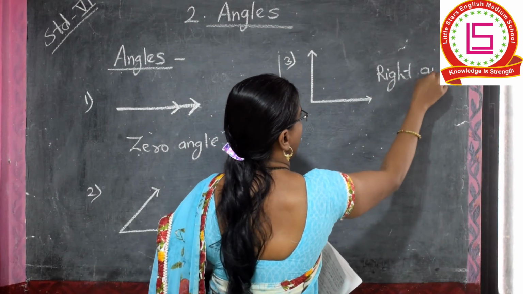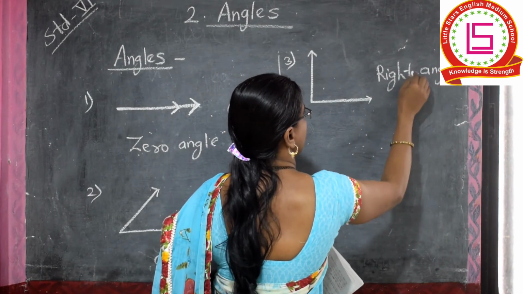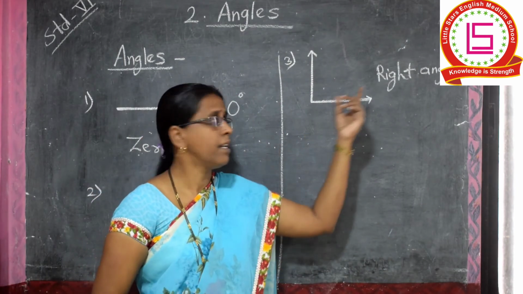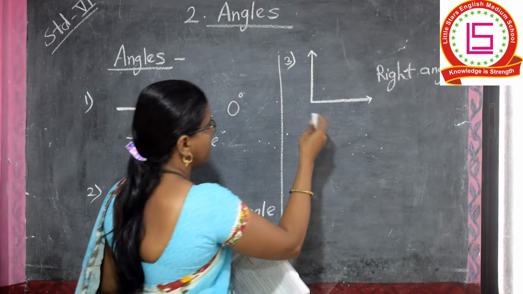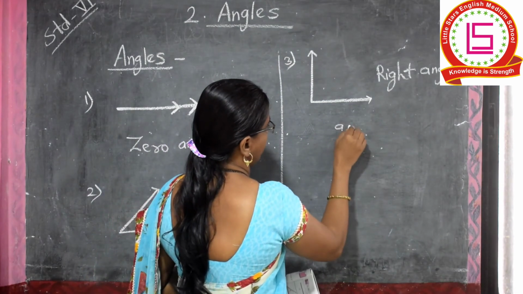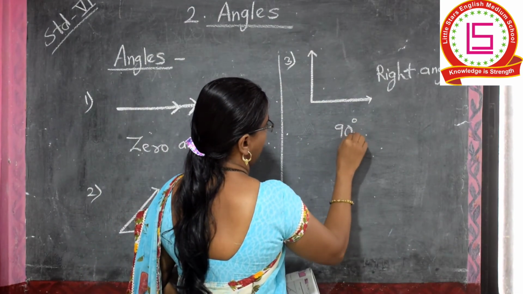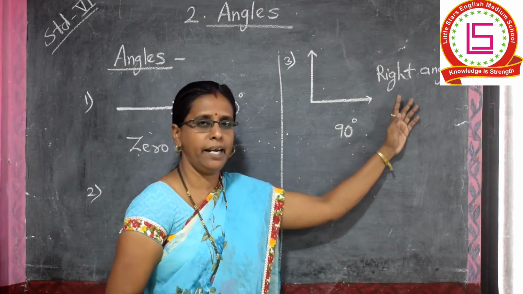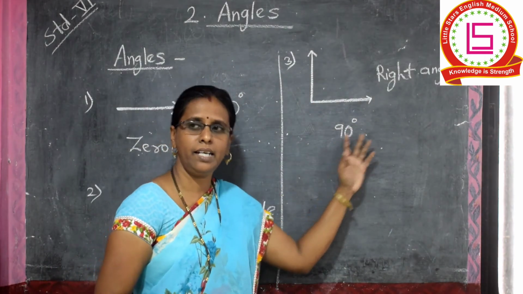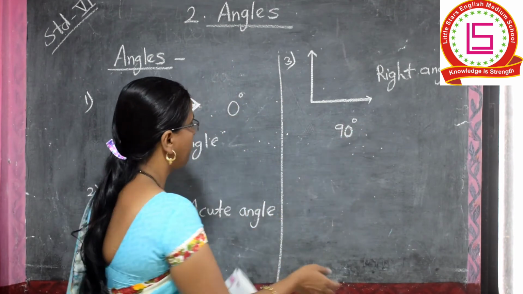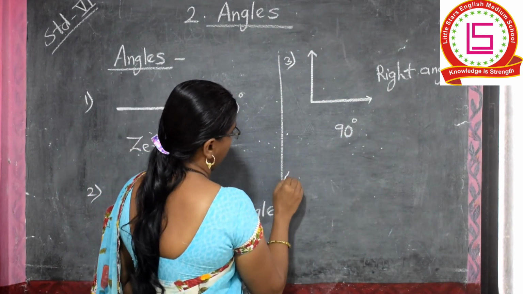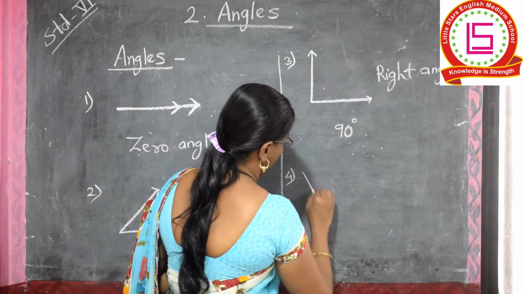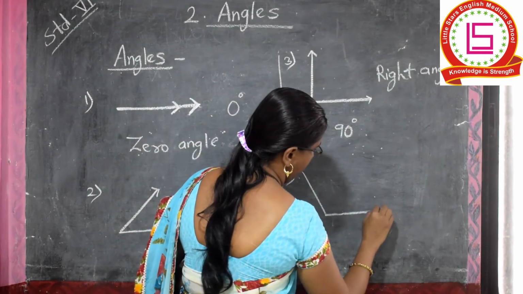The measure of this right angle, or any right angle, is exactly 90 degree. And the next angle is like this here.